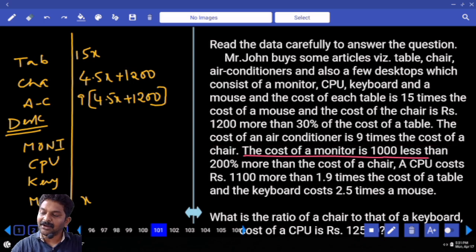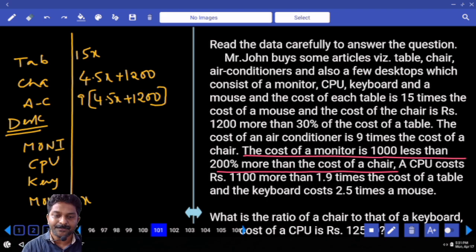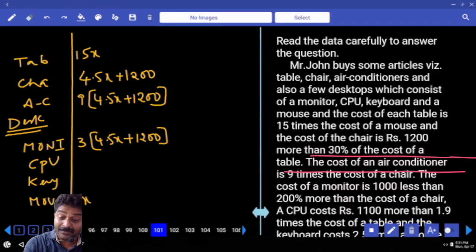The cost of the monitor is 1000 less than 200% of the cost of the chair. The cost of the chair is 4.5X plus 1200. 200% more in the sense that it will become 300%. So the monitor cost will be 3 times the chair value, 4.5X plus 1200, and then 1000 less, so minus 1000.